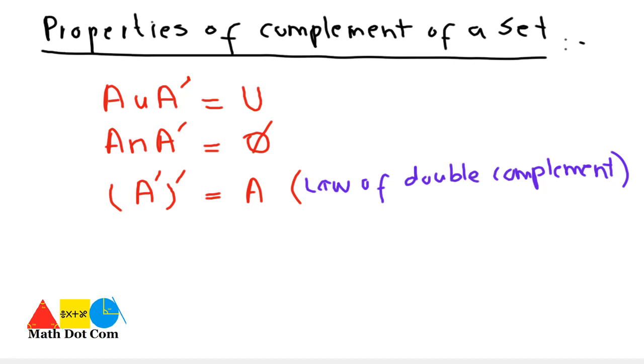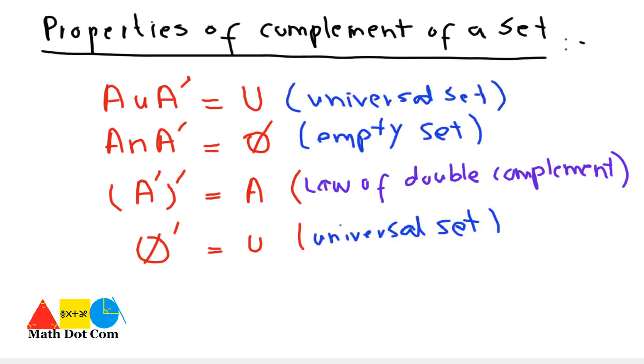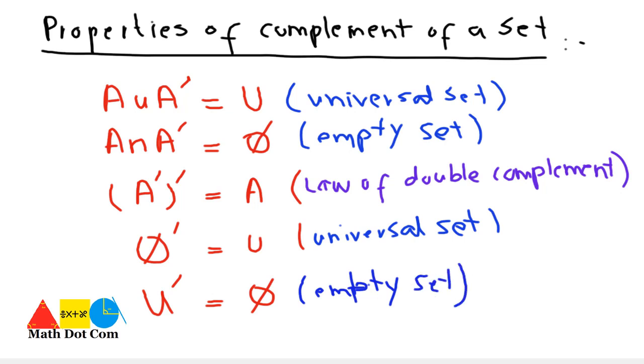Another property is, if you take the complement of phi, it will give you the universal set. And if you take the complement of the universal set, the answer will be an empty set. So these are all the properties of the complement of a set.